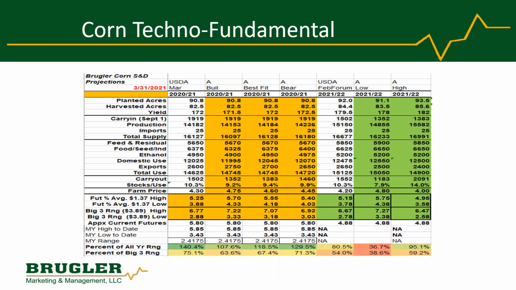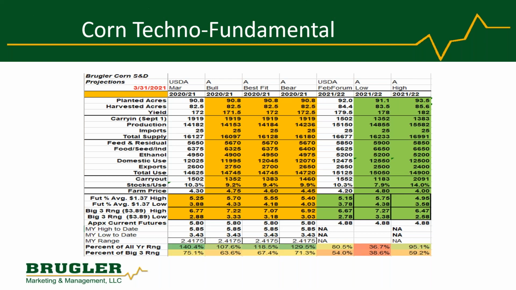But at 480, you'd conservatively expect nearby corn, which would be the Decembers right now, to be 575 on the high, 438 on the low. We were trading 488 yesterday, and of course 484.5 on the settlement today. So if this is the scenario that actually develops, if those low acres stay low, we've got a lot more work to do on the upside on December corn prices.